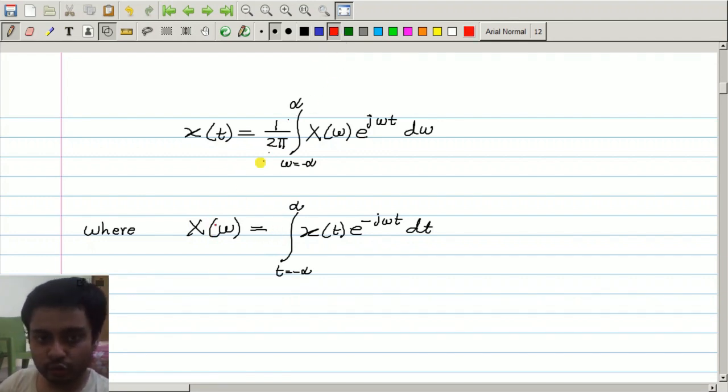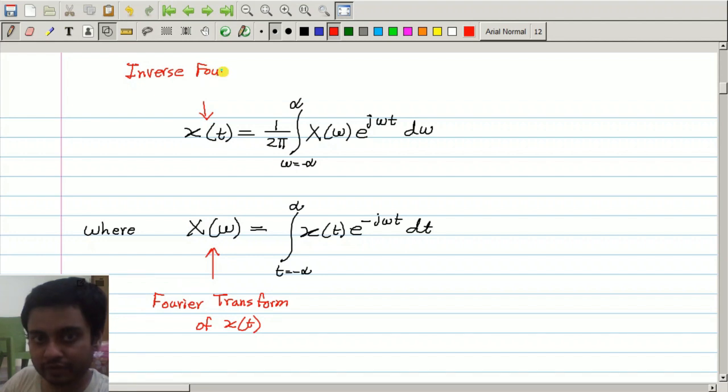This quantity X of omega is called the Fourier transform of small xt, and small xt is called the inverse Fourier transform of capital X omega. It looks like that if small xt is given, using this formula you can calculate capital X omega.